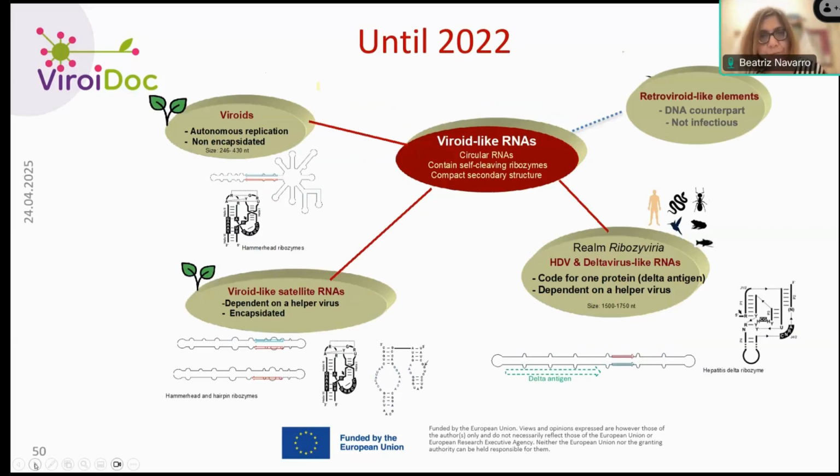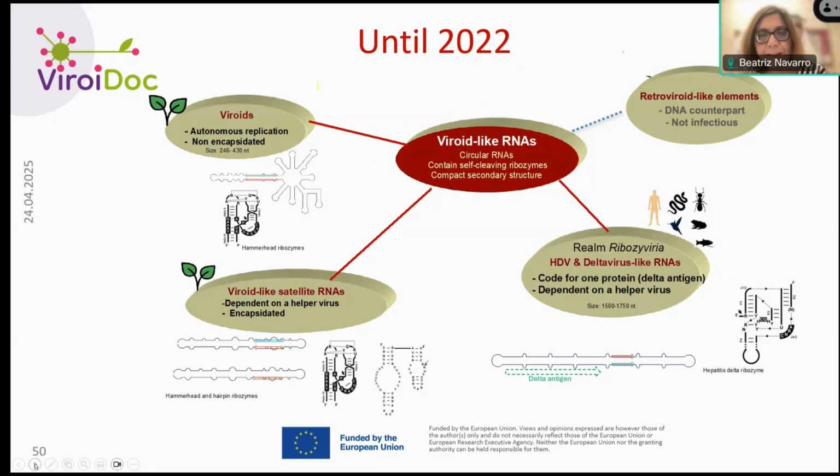Until 2022, only a few of them were known, and they differ from viroids in molecular biological properties: whereas viroids replicate autonomously and are not encapsulated, viroid-like satellite RNAs, which are also infectious agents of plants, depend on a helper virus for infectivity and are encapsulated in the capsid of the helper virus. They can contain another type of ribozyme, as you can see here, the hairpin ribozymes.